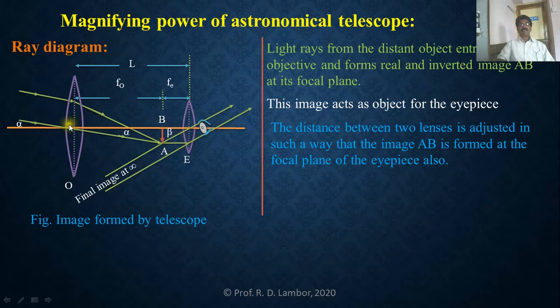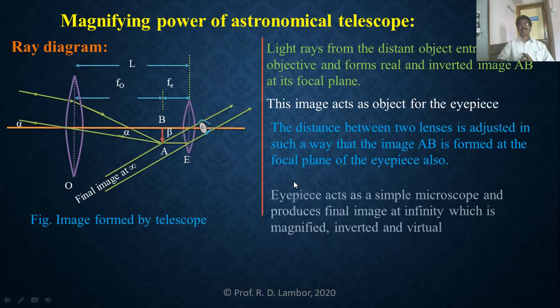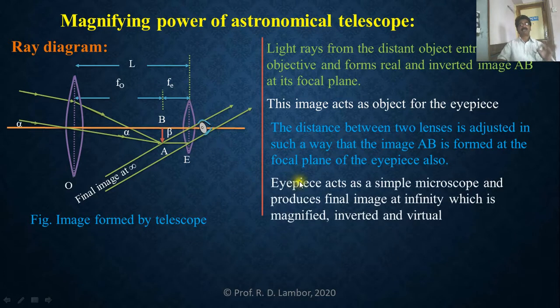But by adjusting the distance between these two lenses, this image is also adjusted on the focal plane of the eyepiece. And now here onwards this eyepiece is acting as a simple microscope and produces the final image at infinity like this.